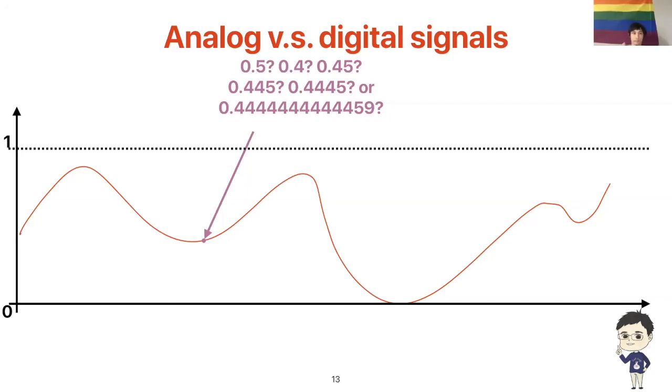you can zoom in unlimitedly, so you can have infinite possible values within your analog signal, depending on how detailed a resolution you want.